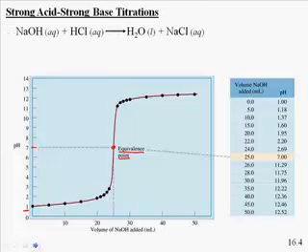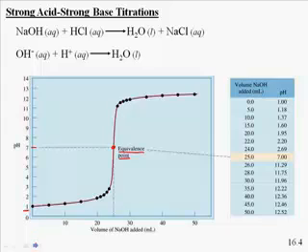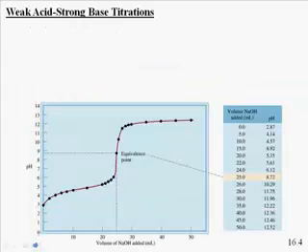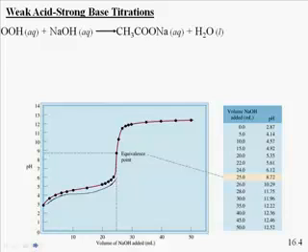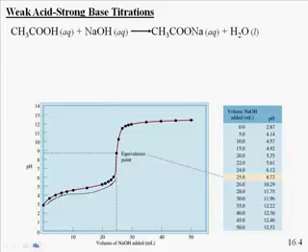So here's an example of what this one is. All right, now let's look here. What do we notice? Shape of the curve. You'll notice the approach is not quite as direct. What's happening here is a weak acid, strong base titration. Say I'm titrating acetic acid.